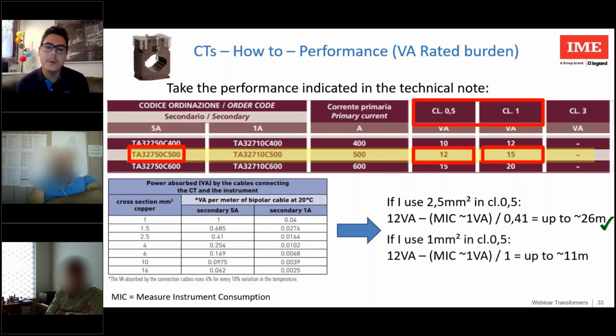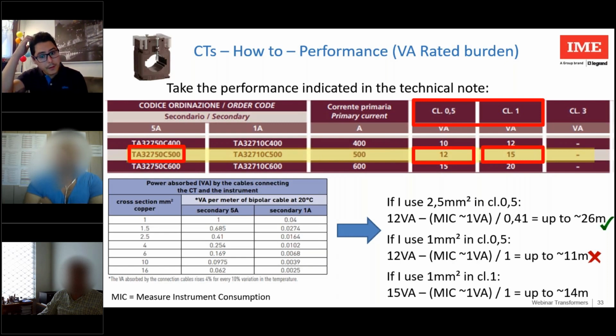If I use 1 square millimeter in class 0.5, I have to take the performance of 20 volt amps, and I remove the measurement instrument consumption that I say is more or less 1 volt amp, divided by 1, and I have more or less a distance of 11 meters, so I can't use 1 millimeter.